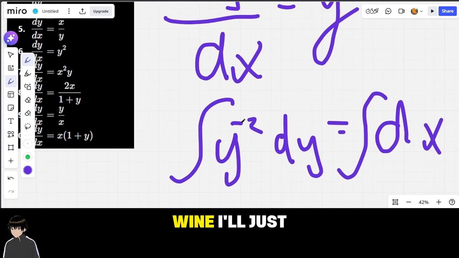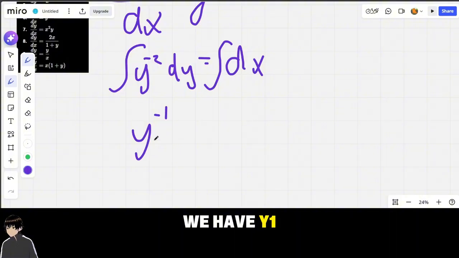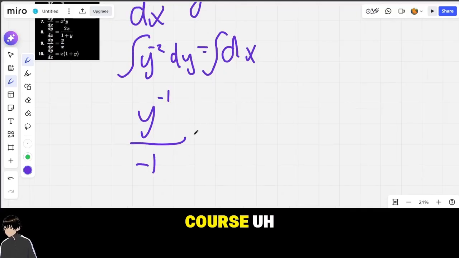So we have y to the negative 2 plus 1, which is negative 1, plus c, of course.